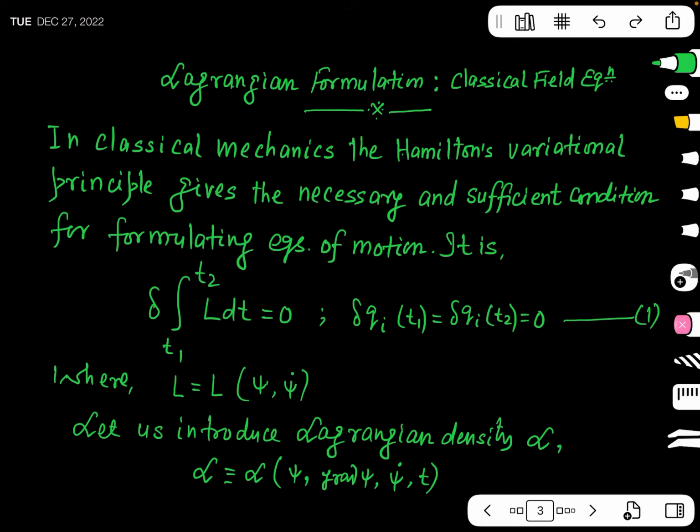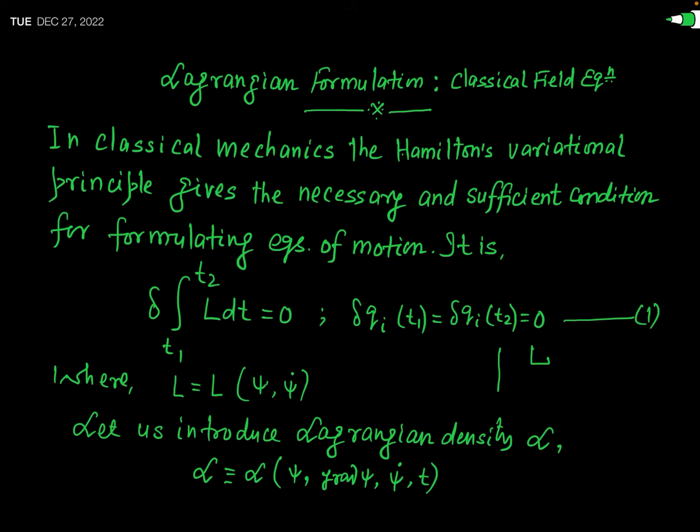You will see later on that we will denote the Lagrangian by the symbol capital L. This is the Lagrangian of the field. And we will denote the Lagrangian density by this curly L. Whenever you find this curly L in this discussion, you should think that this is not Lagrangian, but Lagrangian density, which means the value of Lagrangian of the field per unit volume.